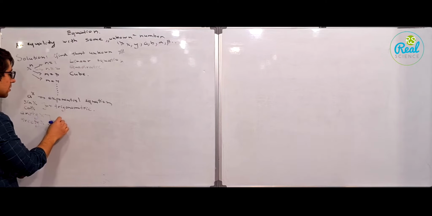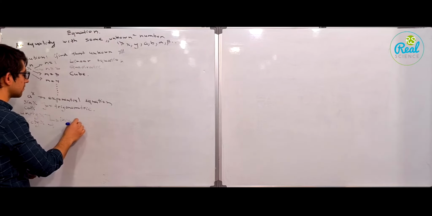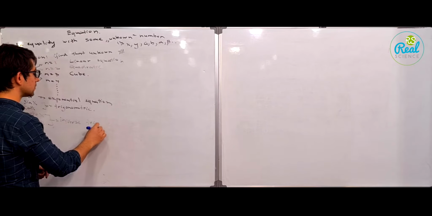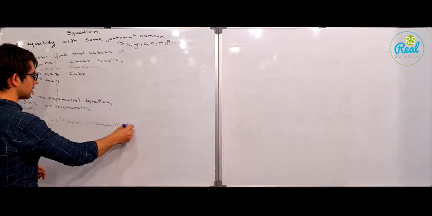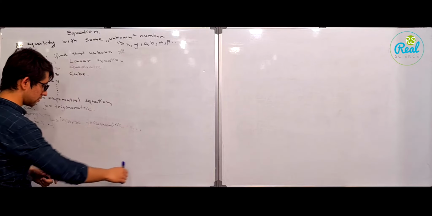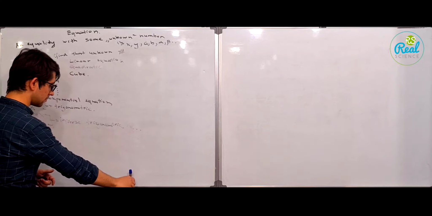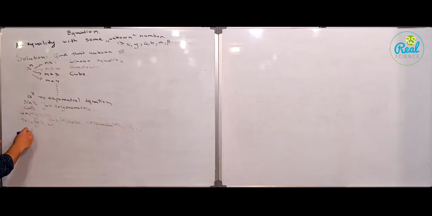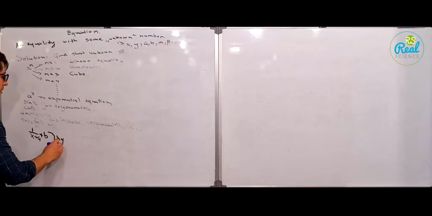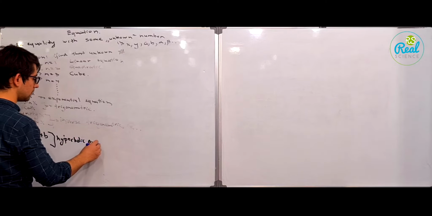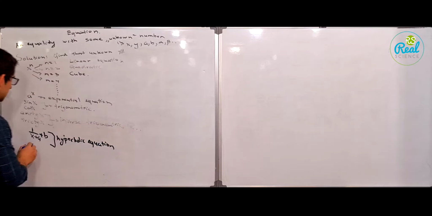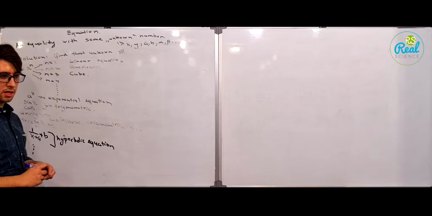They are inverse trigonometric equations, right? And we have some hyperbolic ones, x plus a, something like that, plus b, let's say. They are hyperbolic. So the types of equations are many.